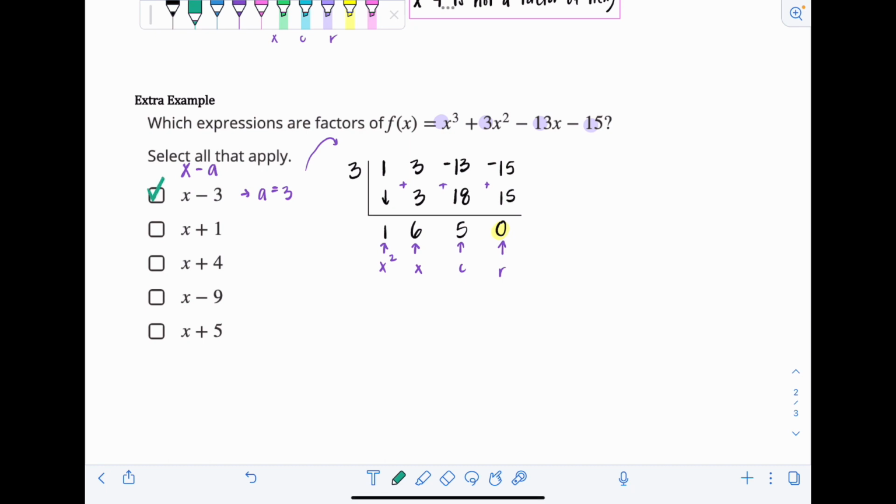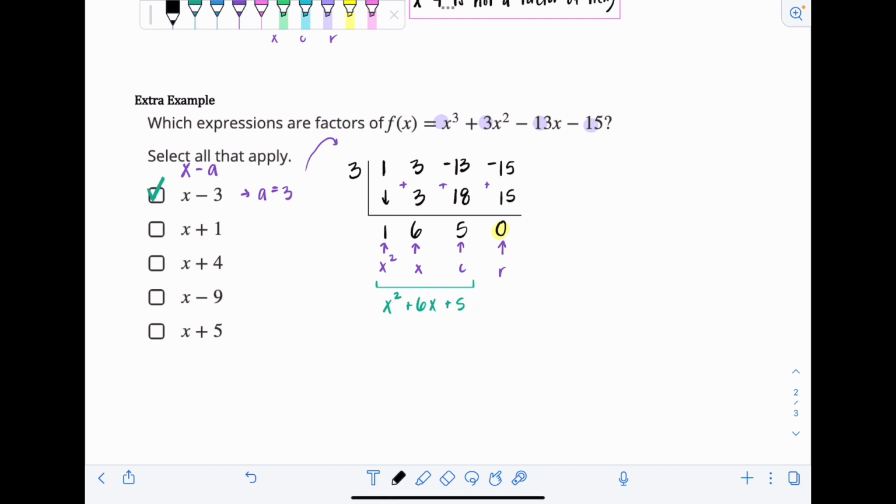But instead of repeating this exact process for all of these options, we can take what we have left and begin to factor the problem that way. So this part right here is 1x squared, so x squared plus 6x plus 5.